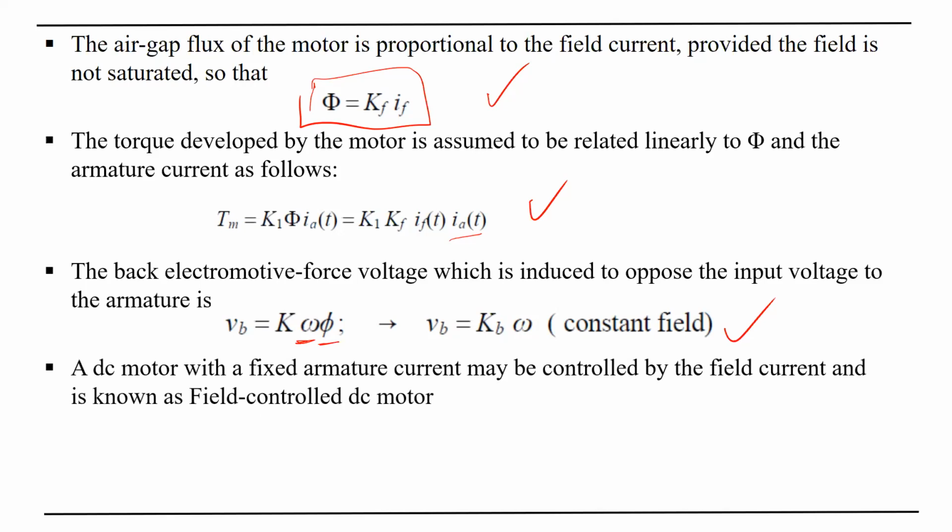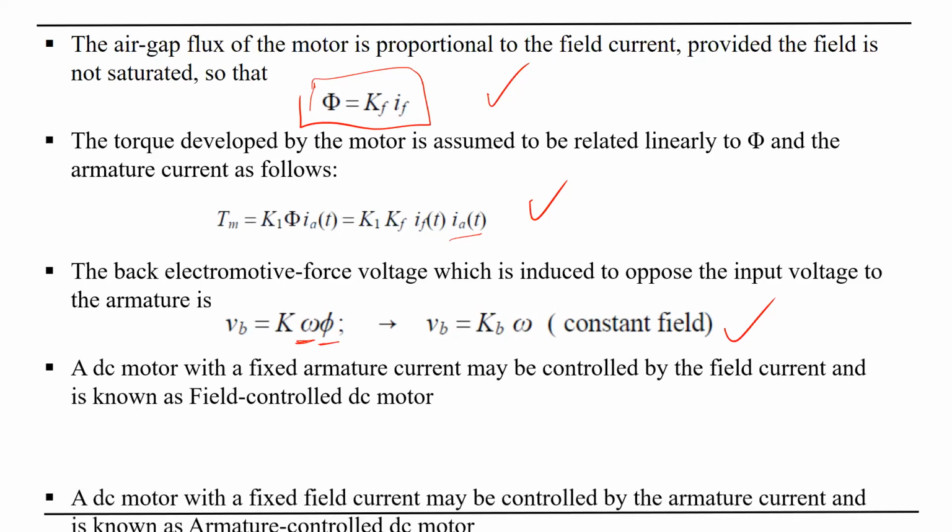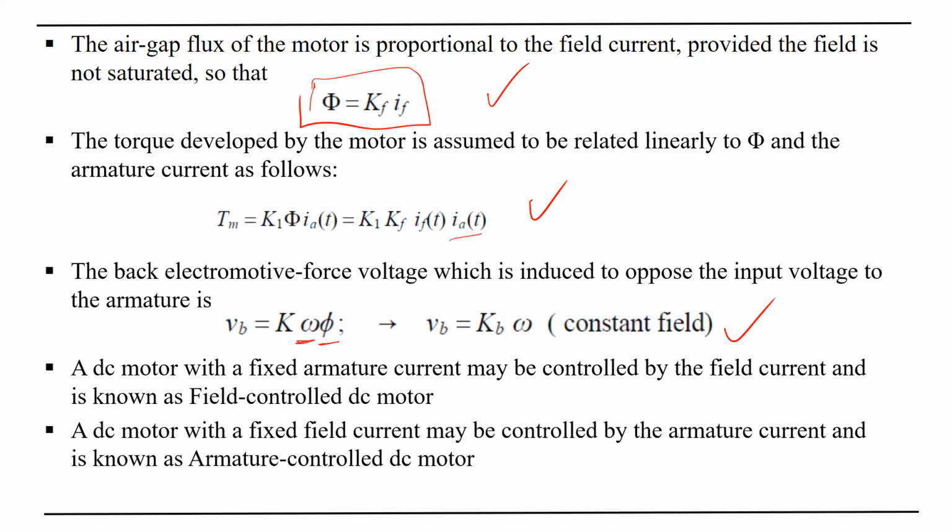Now, a DC motor with a fixed armature current may be controlled by the field current and is known as field-controlled DC motor. A DC motor with a fixed field current may be controlled by the armature current and is known as armature-controlled DC motor. We will see the transfer function for this one is going to be a little bit different from this one.